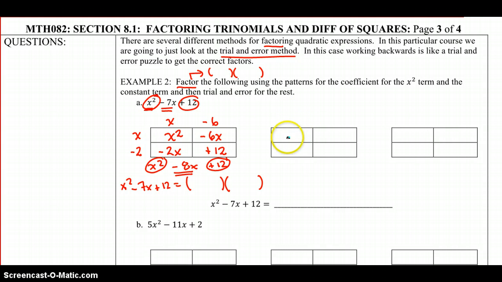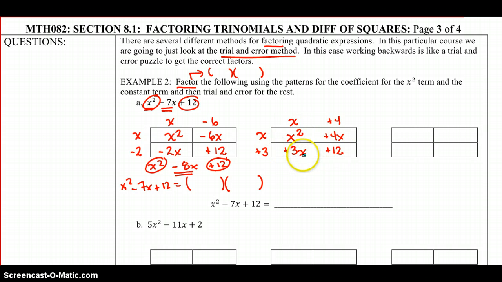So let's try another one. So first term needs to be x squared, and the last term needs to be a positive 12. Okay. So how else can we get a product of 12? So let's try positive 4 and positive 3. Well, that's going to give us a positive 4x and a positive 3x.